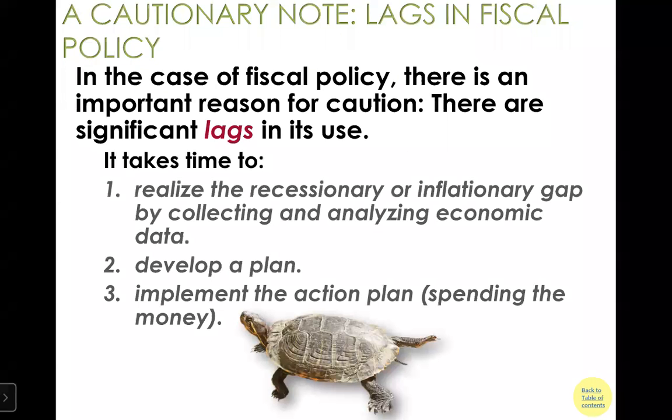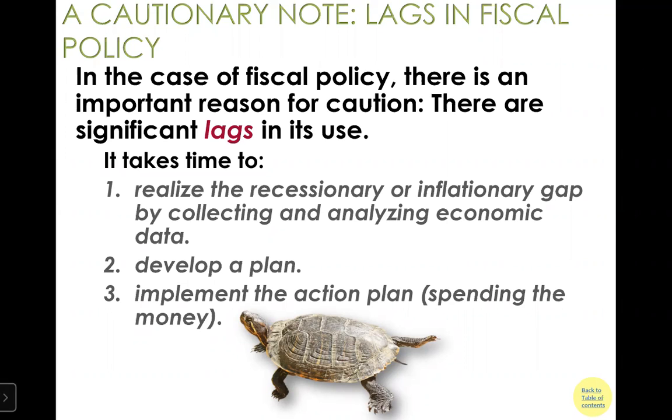We also mentioned fiscal policy can have significant lag. In that sense, we may need to be very careful about fiscal policy. The reason why there is a lag is because it takes time to do three things. First, it takes time to realize the state of the economy.